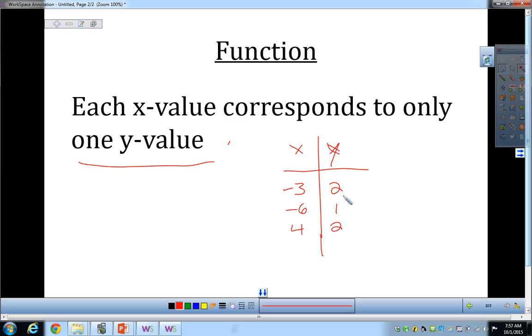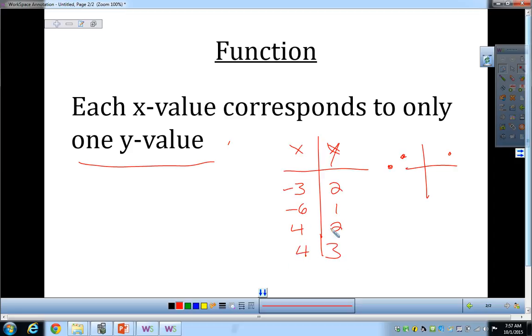This is a function because for every x value, if I were to graph these points, -3, 2 would be here, -6, 1 would be here, and 4, 2 would be over here. For every x, there's exactly one y value. But you can't have two different y values for one x value.